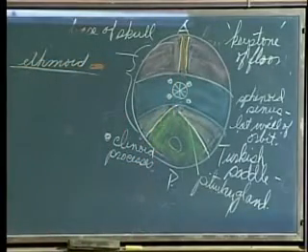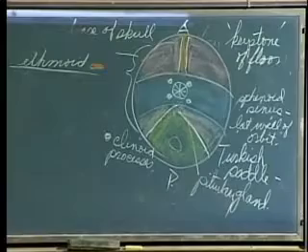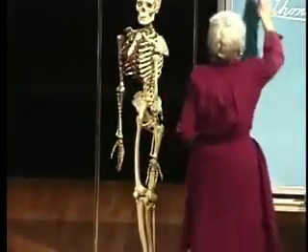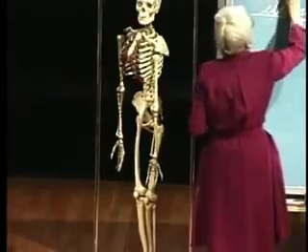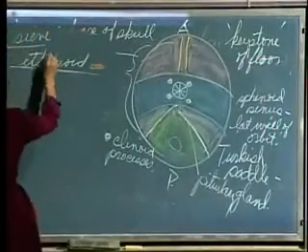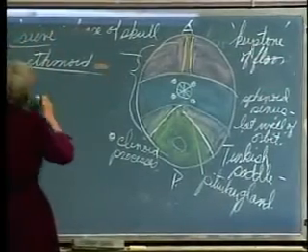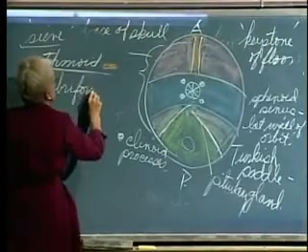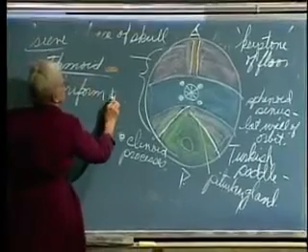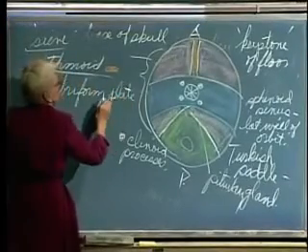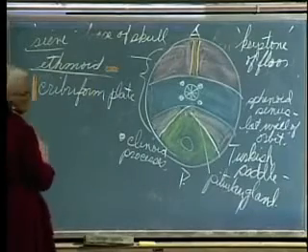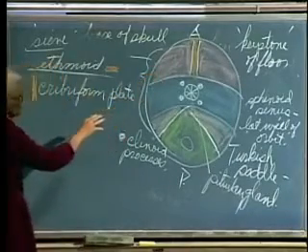It means sieve. You know what a sieve is? Fluid goes right through it, right? So this ethmoid here is called the cribriform plate of the ethmoid that you see there. There's lots more to the ethmoid beneath that. But this is the cribriform plate.